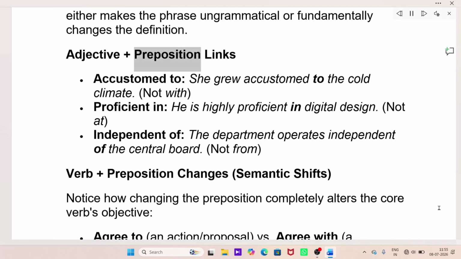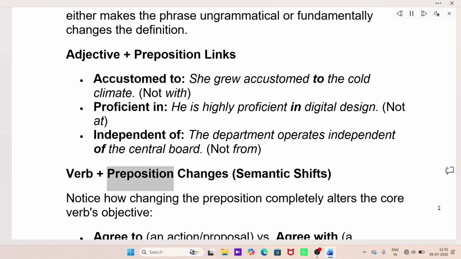Adjective plus preposition links. Accustomed to: she grew accustomed to the cold climate, not with. Proficient in: he is highly proficient in digital design, not at. Independent of: the department operates independent of the central board, not from.